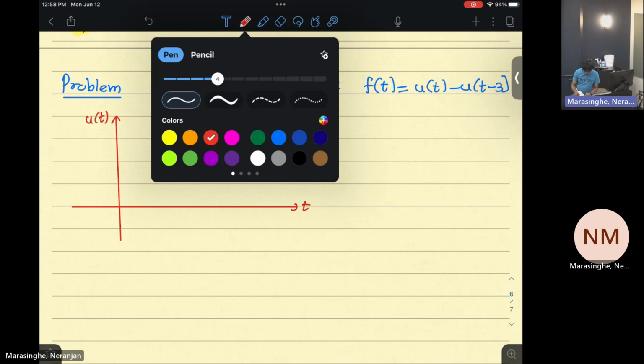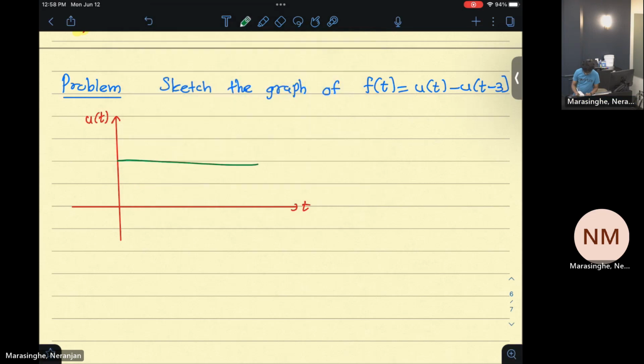We know how u(t) looks. This is the graph of u(t). I saw most of you have sketched some graphs like this, right? That would never happen, because now you are going to draw u(t minus 3), so it should be related to u(t), right?